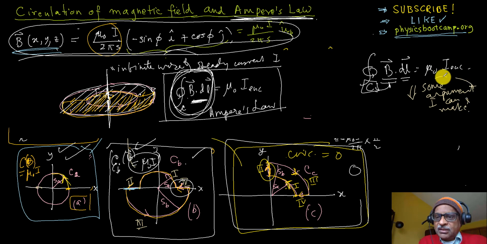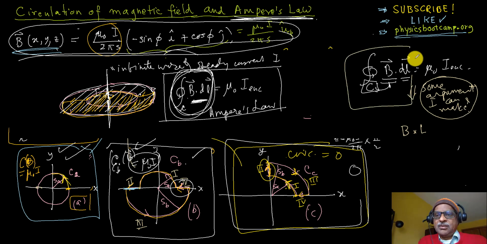Okay, so this is something that you have to learn to make the argument, that somehow this thing becomes B times some kind of L. This integral turns into that, and then it's mu naught I enclosed.